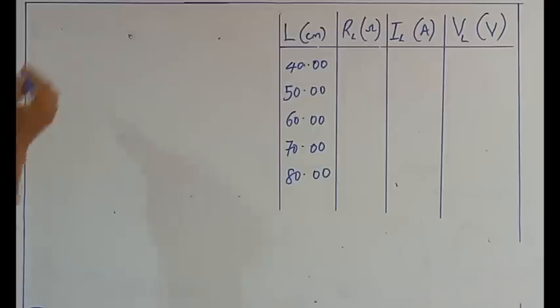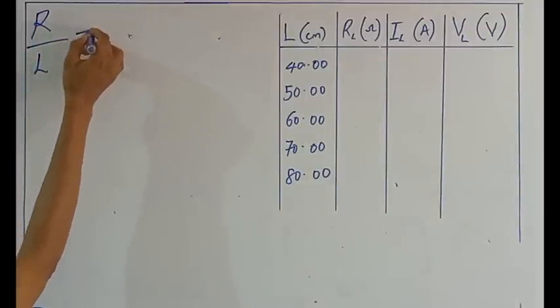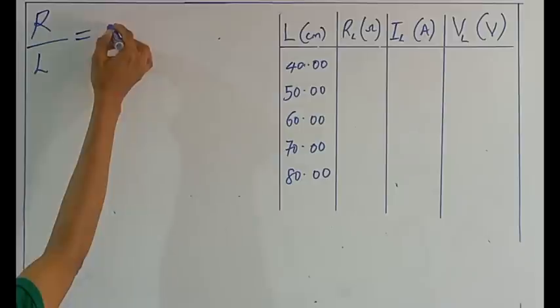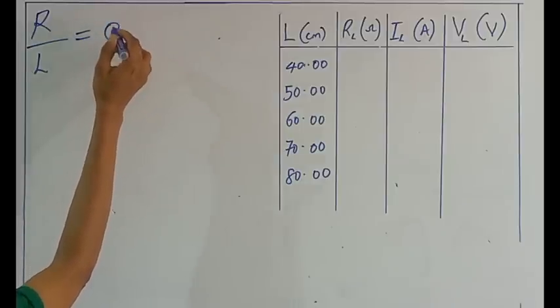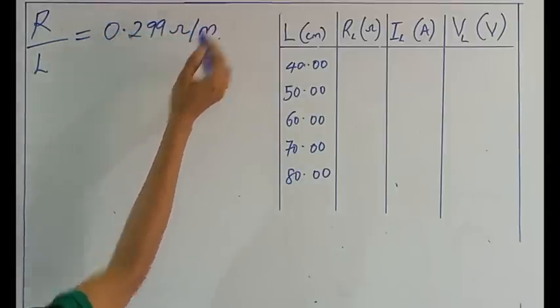Remember, we were able to get that the resistance per unit length of the wire is 0.299 ohm per meter.